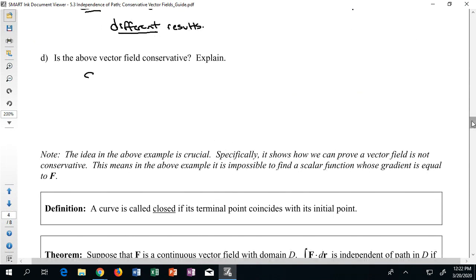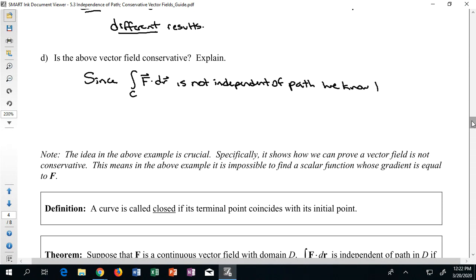So here I can say that since this line integral or work integral is not independent of path, we know that F is not conservative.